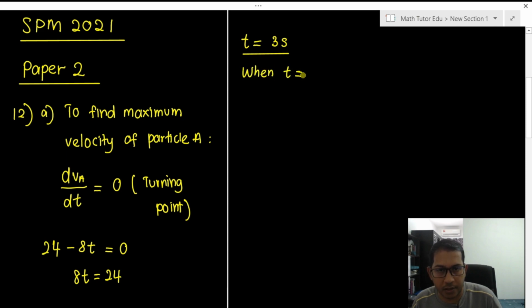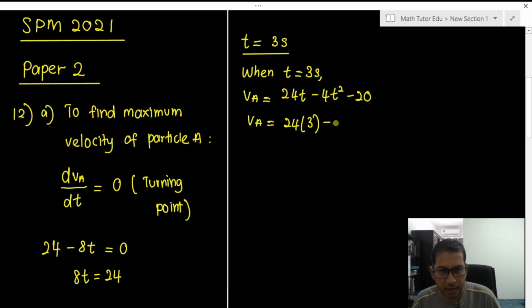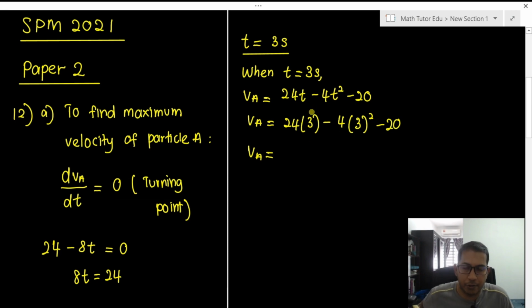When t is equals to 3 seconds, given that velocity A is equals to 24t minus 4t square minus 20, velocity A is equals to 24 times 3 minus 4 times 3 square minus 20. 24 times 3 you get 72, 72 minus 36 you get 36, 36 minus 20 you get 16.